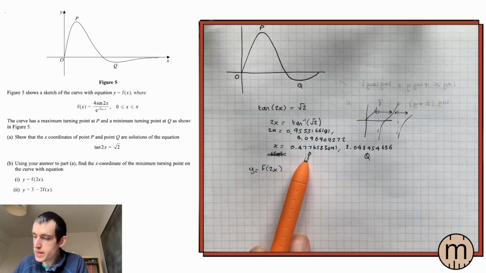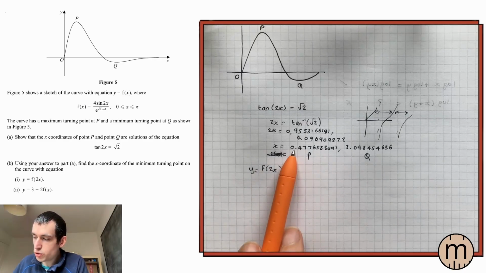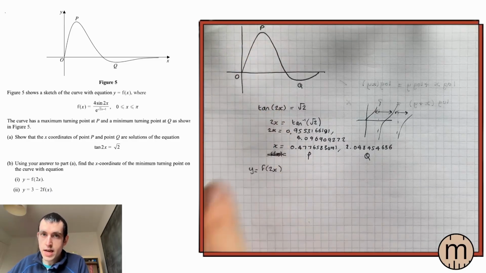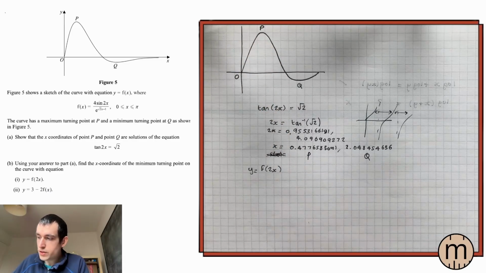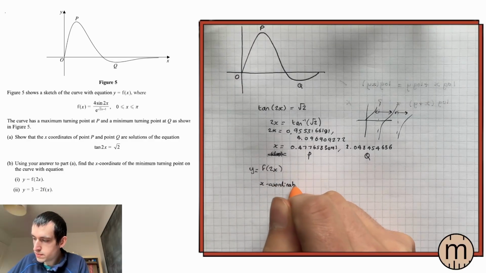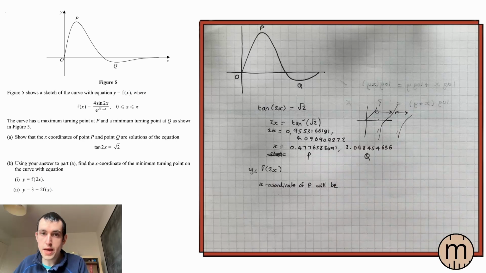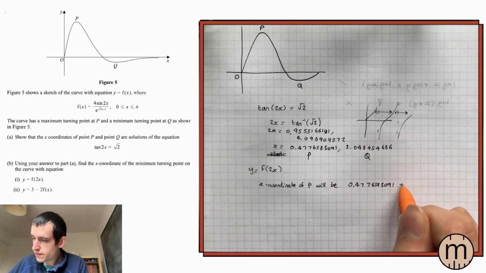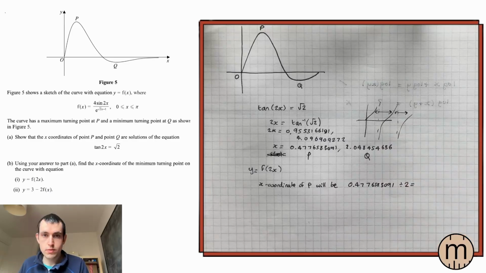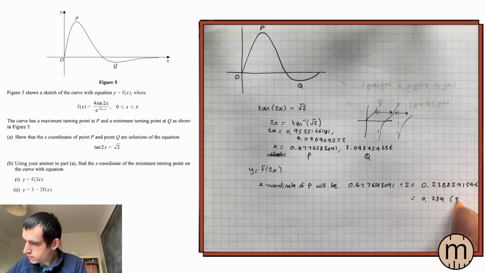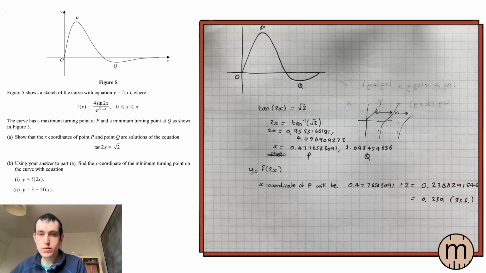So if we know that the P coordinate here is 0.47, etc., and that's here, if we're going to shrink it by a scale factor of 2, then surely the x coordinate of P will be that number divided by 2, which is equal to 0.239 once I round it to 3 significant figures.